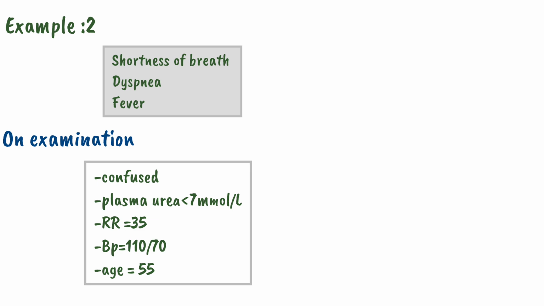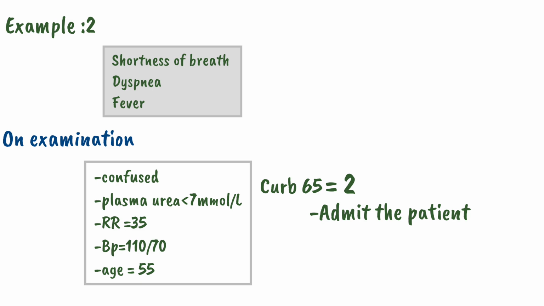If you calculate the CURB criteria with the help of this examination, you find out that the CURB-65 score is 2. So in this patient, we will admit the patient to the ward and we will treat the patient with amoxicillin and clarithromycin. And if the patient is penicillin allergic, we can use doxycycline instead of amoxicillin.